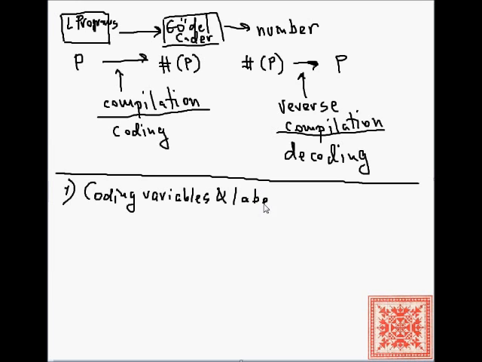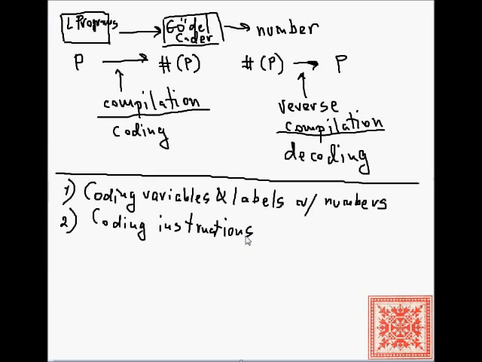We'll do it in three steps. The first step is to figure out how to code variables and labels with numbers, the Gödel numbers. The second step is how to code instructions with numbers.